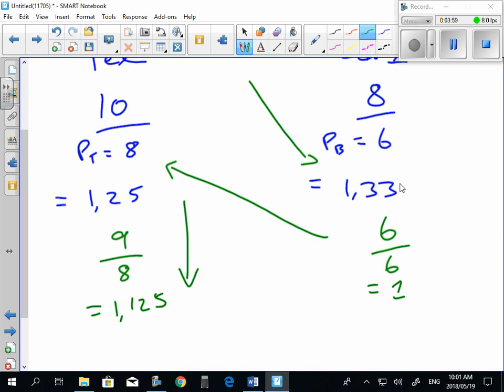So you've got to apply the law of diminishing marginal utility, and you've got to take the utility for each purchasing decision, and you've got to divide it by the price of the product.